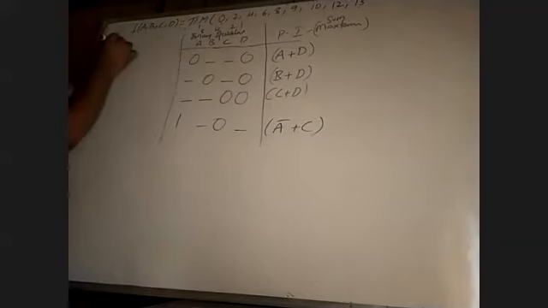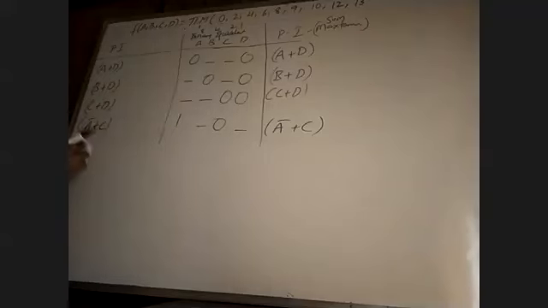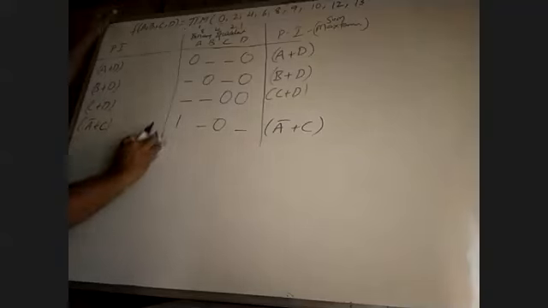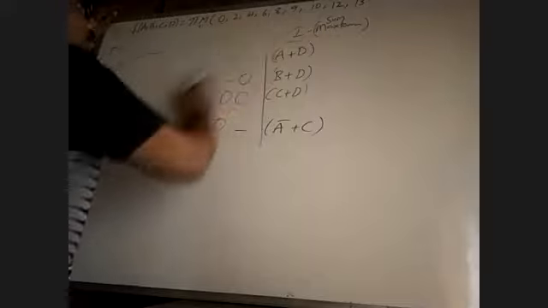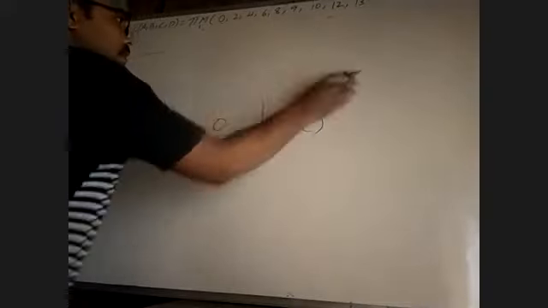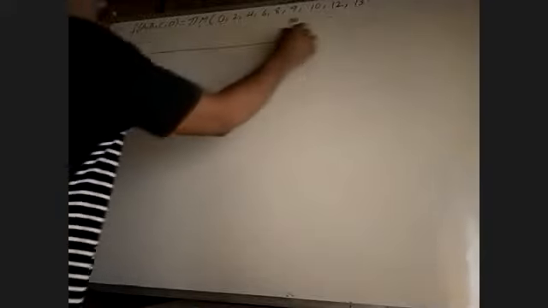In the prime implicant table, we have to write the prime implicants. The prime implicants are A plus D, B plus D, C plus D, A bar plus C. Now you have to tell me the max terms, how each was obtained. What are the max terms? Write all the max terms where required.